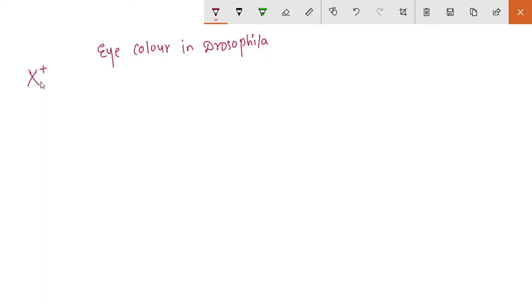This X plus is the dominant allele for red eye color, and this W is the recessive one, for white eye color. So the female has X plus for red eye color, and the male X W Y is the white-eyed male.